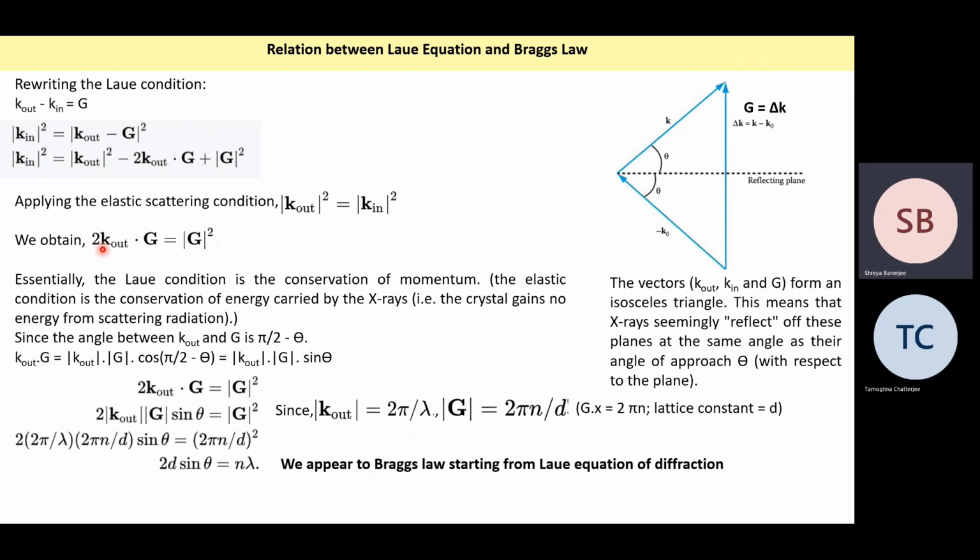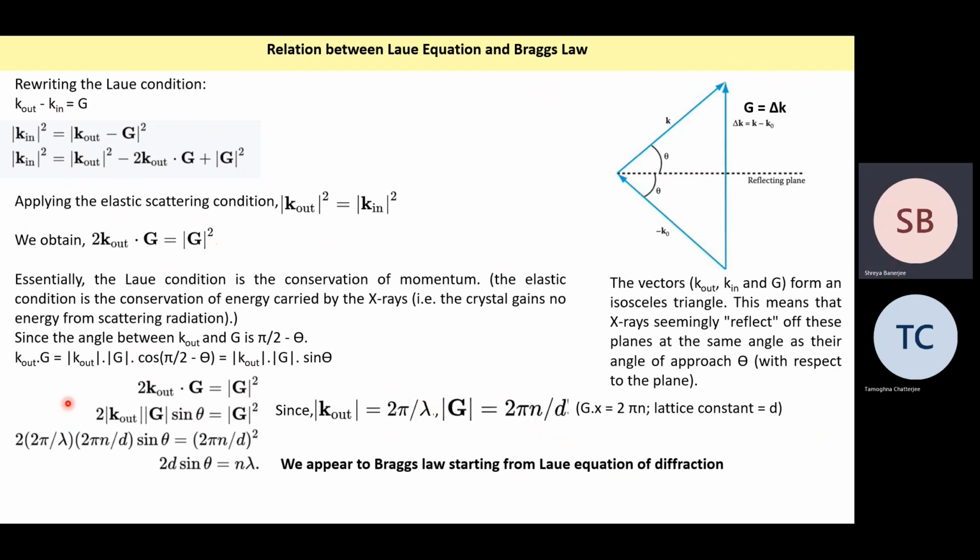So there are two equations that you have found. One is that 2k out into g is mod g squared, and another is 2k out g sine theta is also mod g squared. So you can now replace the values of k out with 2 pi by lambda and mod g by 2 pi n by d.